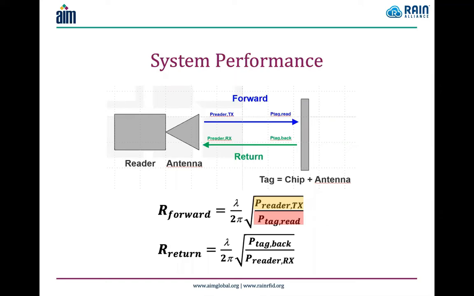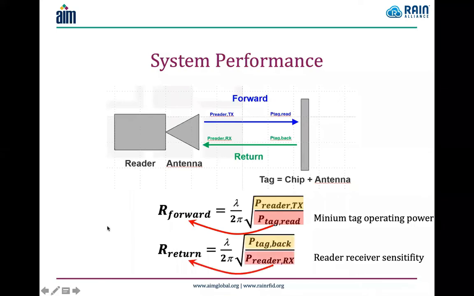Then we have the return link, where we have 2 parameters: the tag backscatter power, which is given by the tag chip, how it is capable to operate, and then the reader receiver sensitivity.